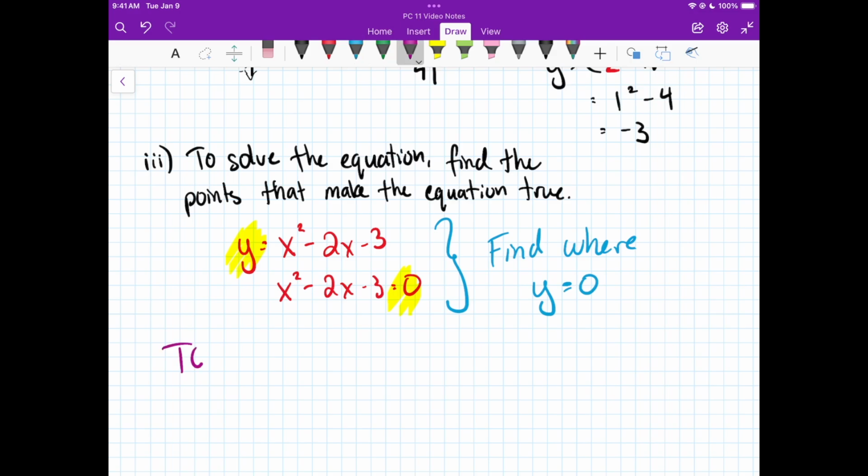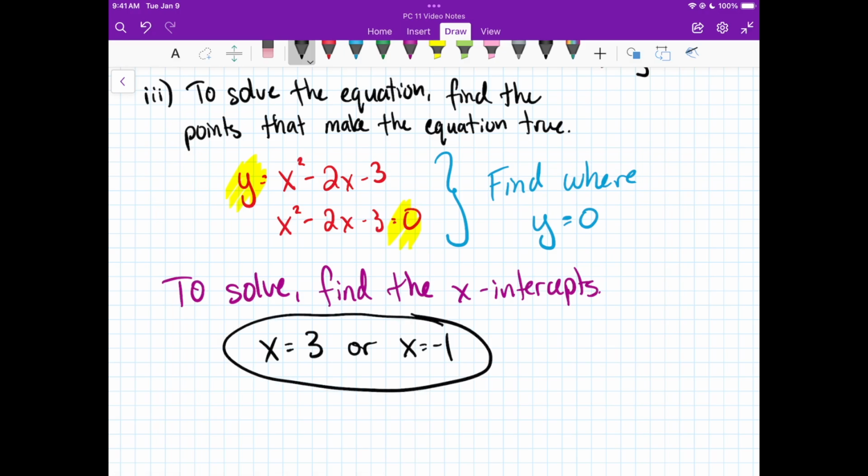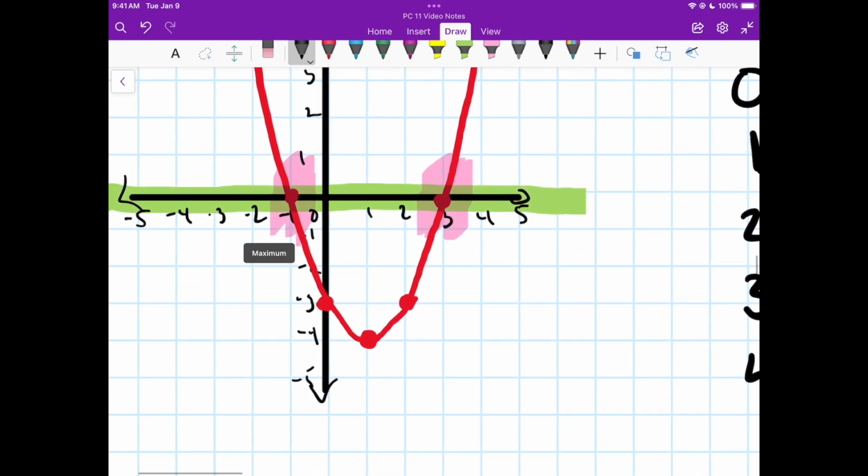So to solve, find the x-intercepts. That's really it. That's the only thing in Chapter 4 that's different from graphing in Chapter 3. You draw the graph, you find your intercepts. So in this case, our solution is x equals 3 or x equals -1. Those are the 2 points that make this equation true. And those two numbers just came from these two intercepts, +3, -1.